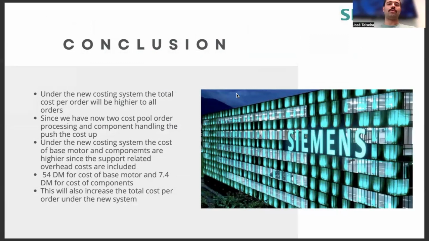So to conclude our presentation, let's compare the total cost per order under the new costing system and the traditional. Under the new costing system, the total costs per order will be higher for all orders due to the fact that now we have two cost pools, order processing and component handling, that push the cost up.